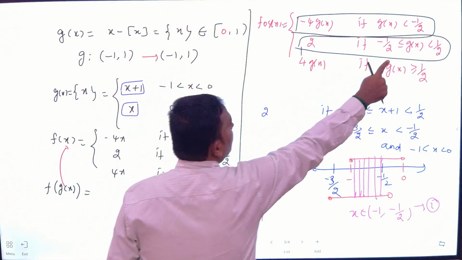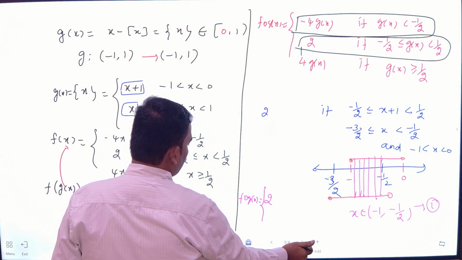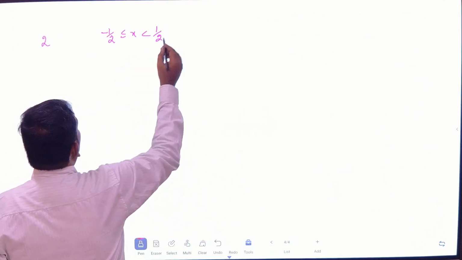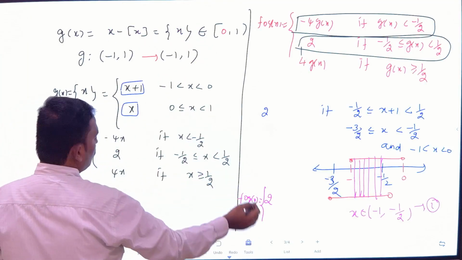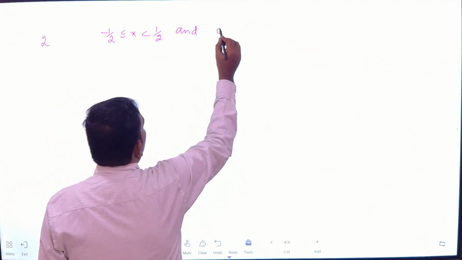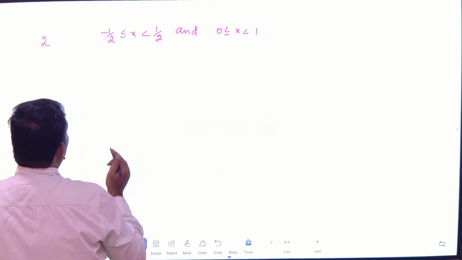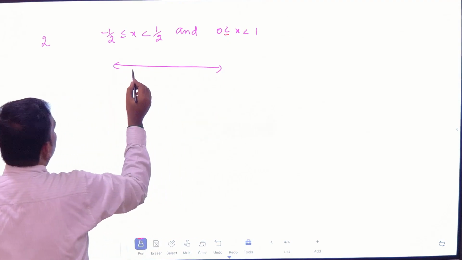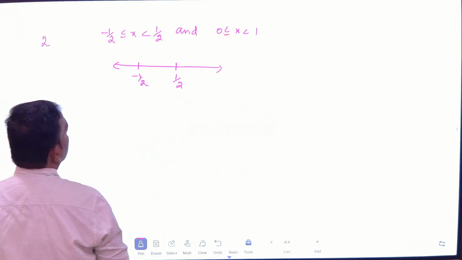You can see I am replacing x here. Okay, fine. And when x is possible, you can see x is 0 to 1 only possible, 0 to 1 you can take. In this case, is any common element there? You can check quickly.